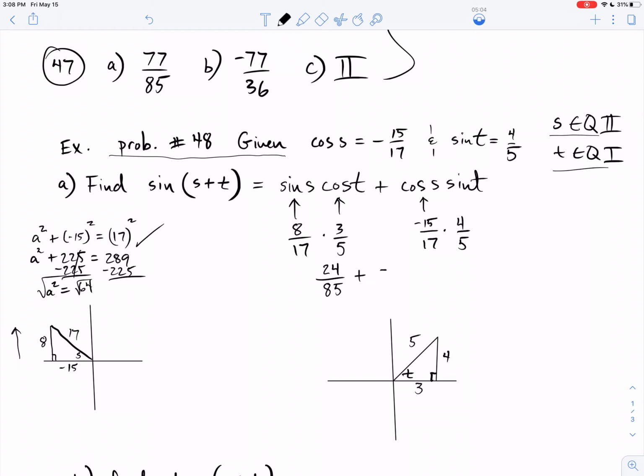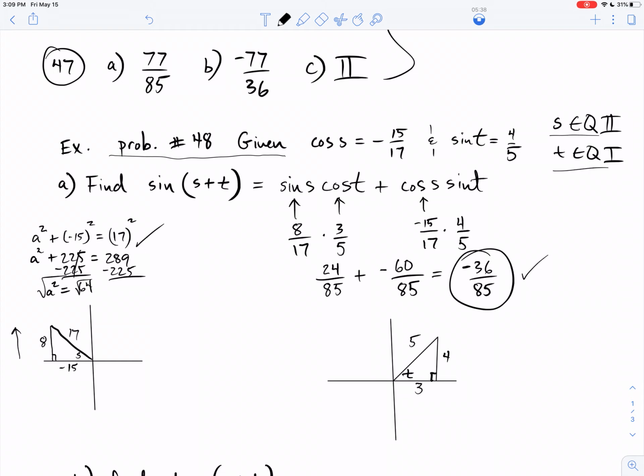In the bottom, once again, I have 85, 17 times 5. 15 times 4, that's my buddy 60. So if I want to know the final answer for sine of S plus T, I do 24 take away 60. I get negative 36/85. That is the sine of S plus T.